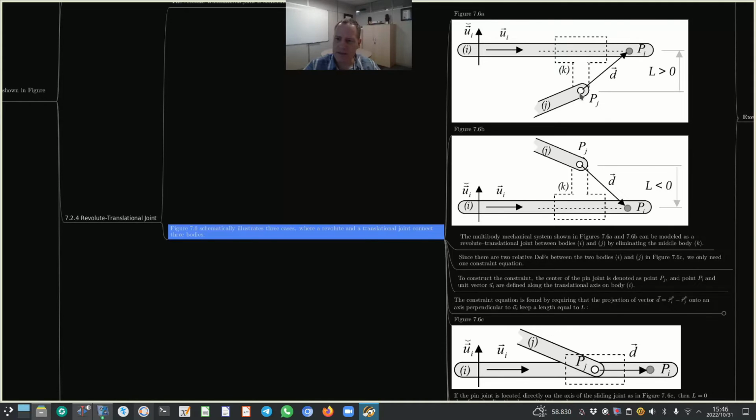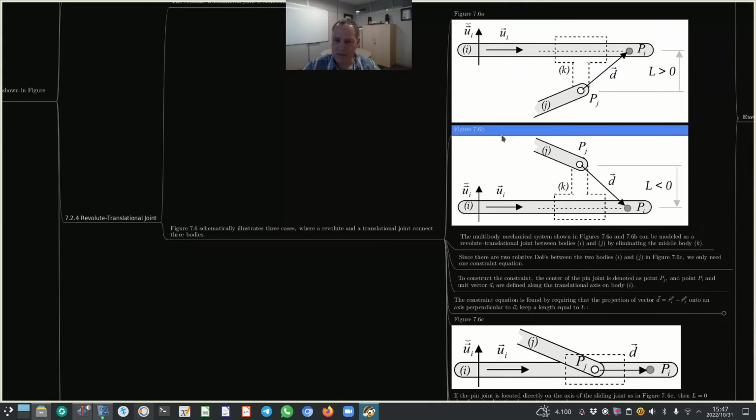Here you can see the revolute joint at point Pj, and that's where body J can now rotate relative to body I. Okay, body J can also translate relative to body I with this translational joint between bodies K and I, body K being indicated in a dashed line.